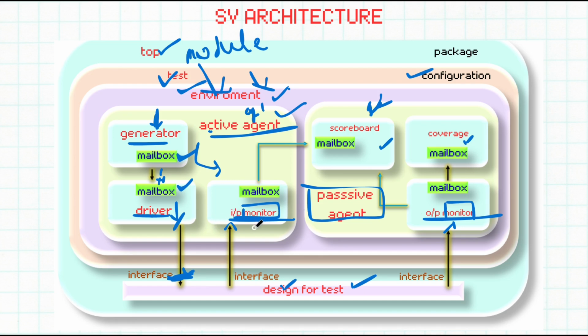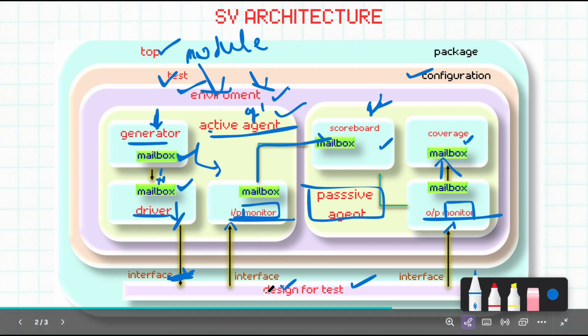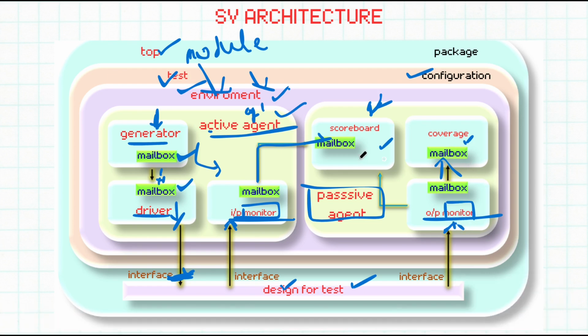And when the monitor takes this data, it will send it through a mailbox to the scoreboard or coverage, whatever class you need for scoring or calculating the functional coverage or code coverage. So where does our data go? From driver to interface, interface to DUT, DUT to monitor, and monitor to coverage and scoreboard. So this is the whole picture of the architecture.